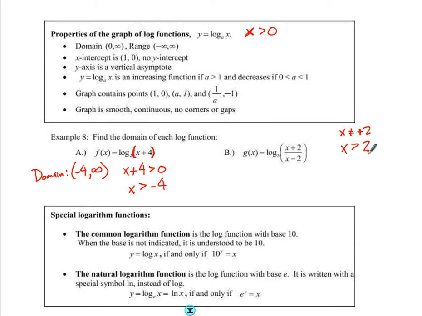But eventually, if I make it a big enough negative, it makes both the numerator and denominator negative, which then makes a negative divided by a negative really positive. So x's could be greater than 2 or what? Less than negative 2. So I could write it like that in inequality notation, or I could look at it like this: negative infinity to negative 2, and then 2 to infinity.